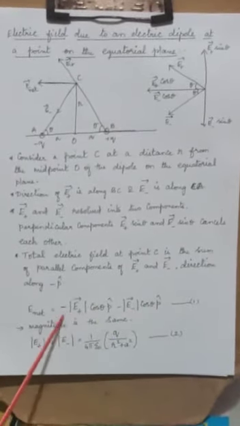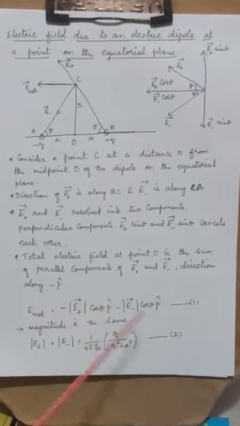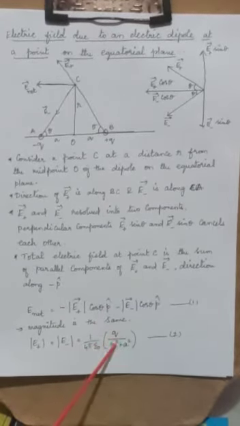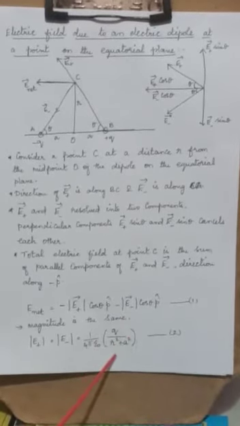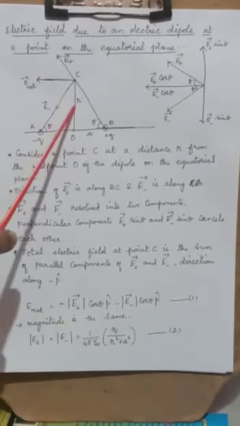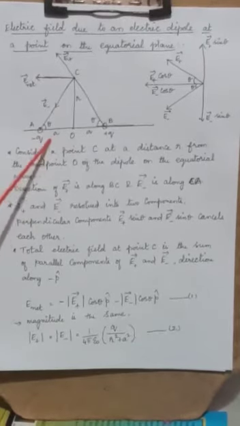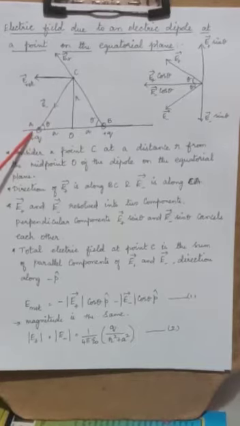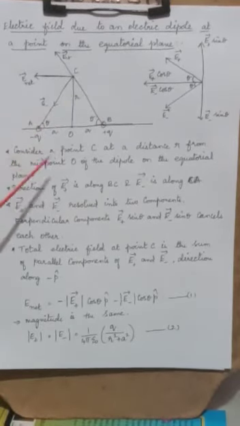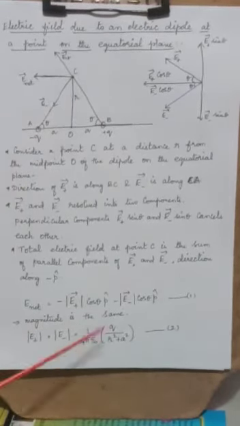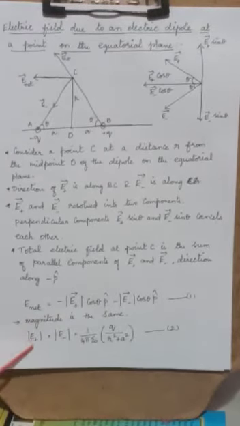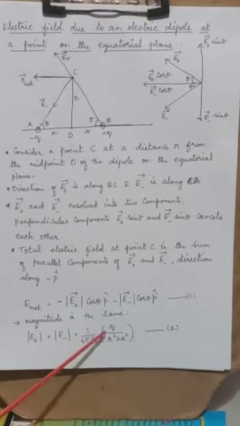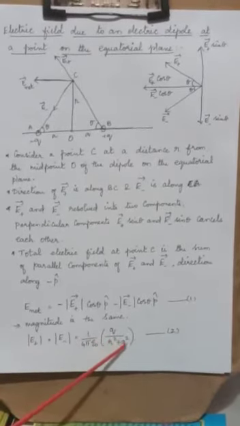The magnitudes of E plus and E minus are the same, which is 1 by 4 pi epsilon naught Q by R square plus A square, because this is going to be the hypotenuse. Hypotenuse is equal to the square root of the sum of squares of the other two sides. Applying that, the magnitudes of E plus and E minus are each 1 by 4 pi epsilon naught Q by R square plus A square.